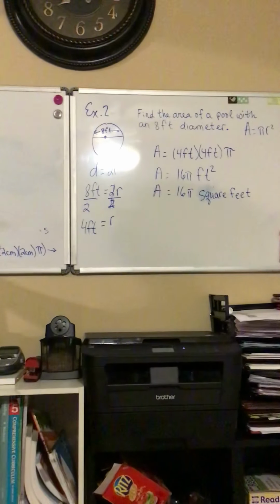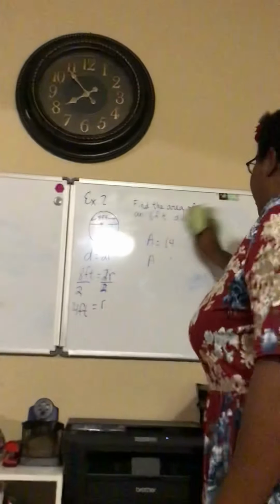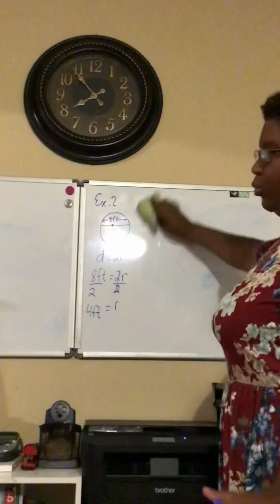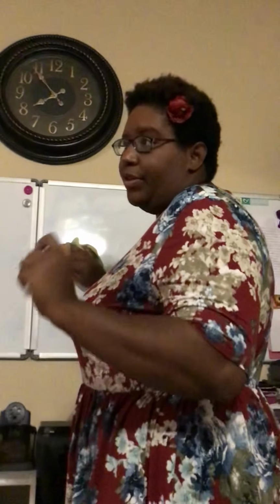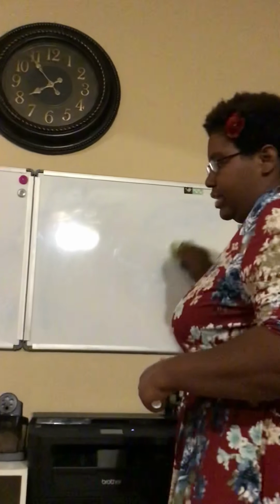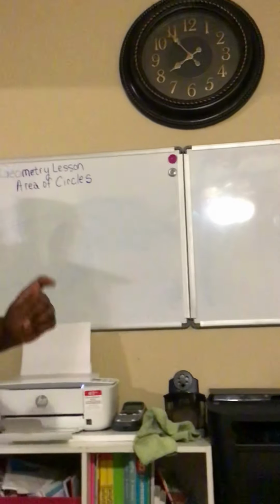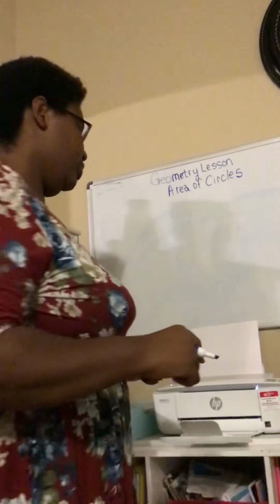Now, I'm not going to do this on this lesson, but I will eventually assign homework where you have to find the circumference and the area for the same circle, because that will be something you will see on the test, where they will ask you to find the circumference and the area for the same circle, because they want to be able to tell if you're able to use the correct formula on the same exact circle.